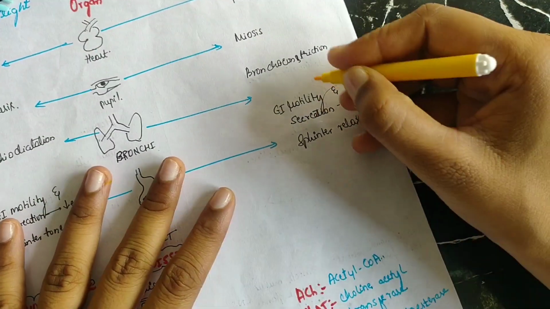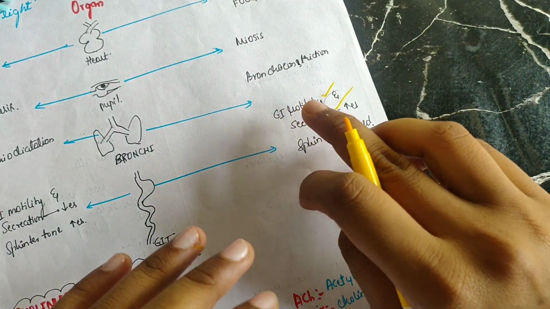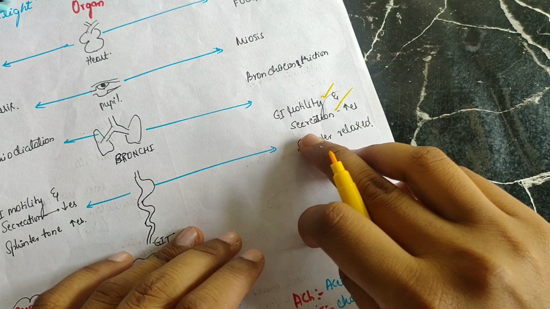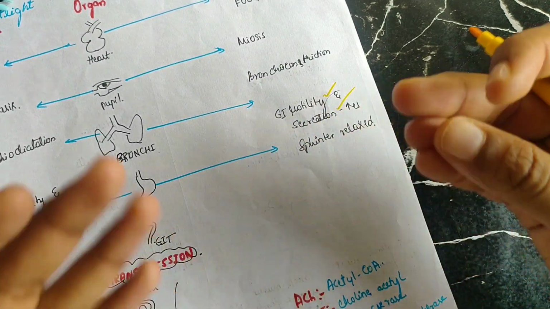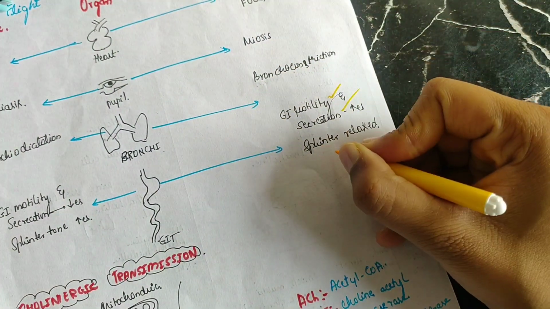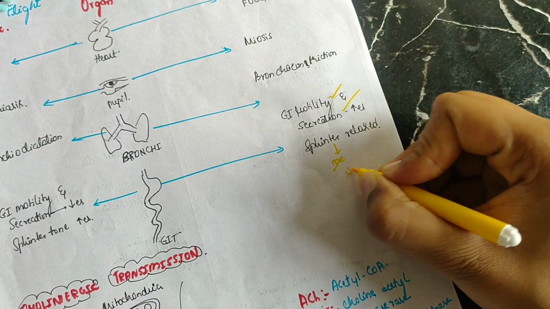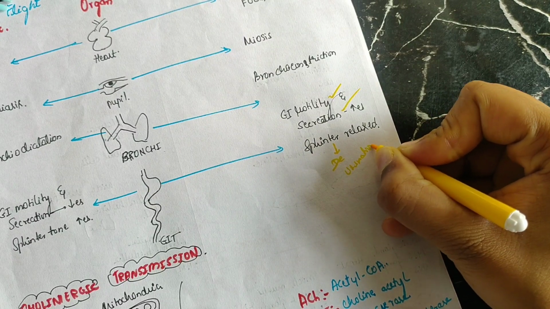So it increases GI motility and secretion, which further helps in digestion. And sphincters are relaxed, so you defecate when you are very calm. Defecation or urination, all this comes when you are calm.